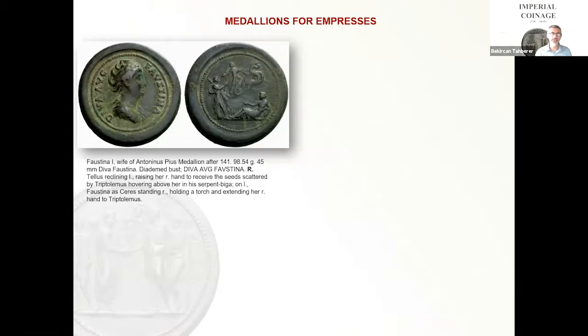In this case, the empress is associated with Ceres, and Triptolemus is riding a serpent biga and throwing seeds, and the empress is opening her palm to grab the seeds so that she can give them to the people.